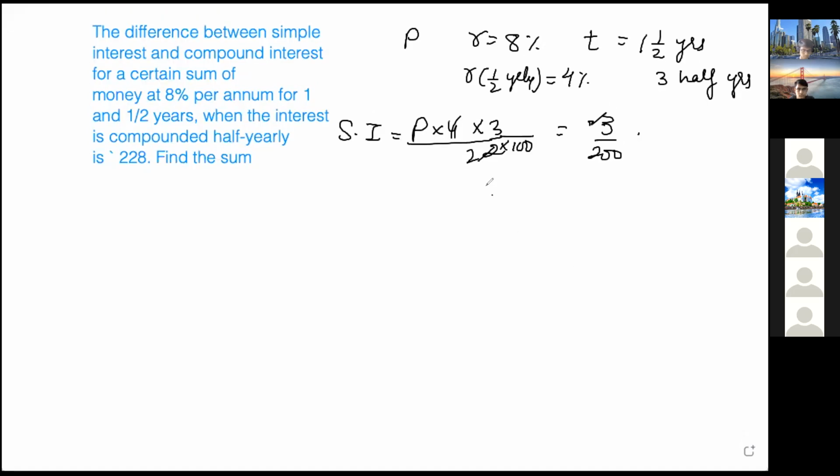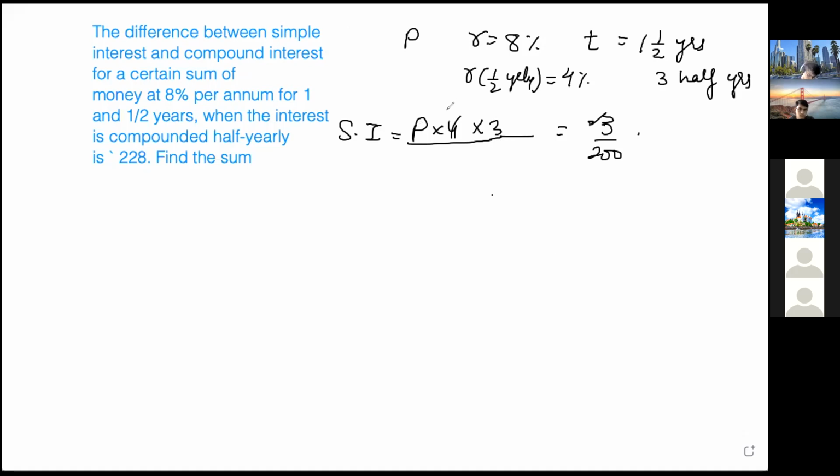Just a moment, we already did. This is also 3 half years, na? So 2 2s are 4, 2 5s are 10, and 3 by 25P.